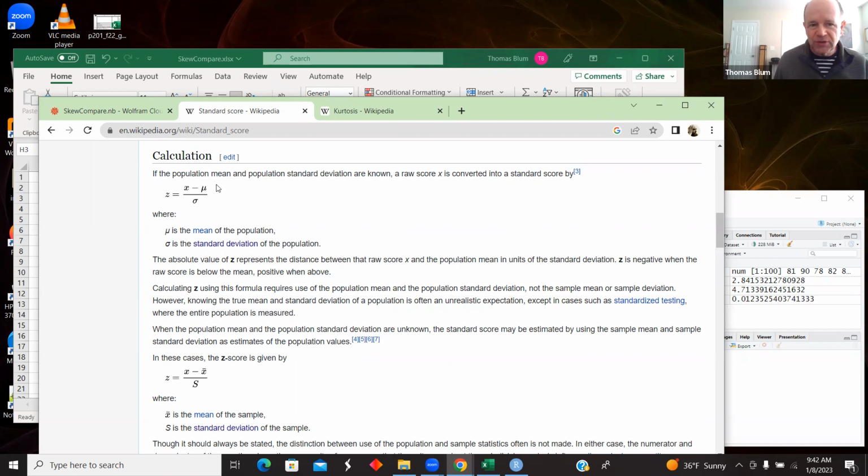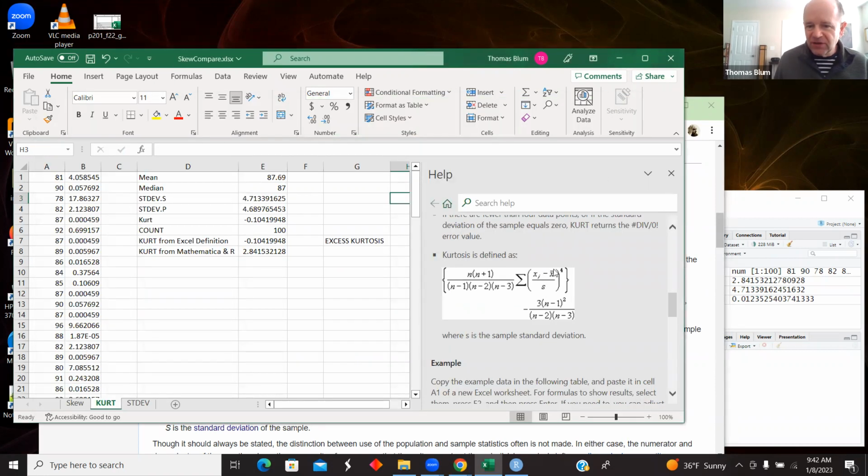It's a standard score or z-score, and that is an integral part of this definition. Okay, and then the second moment is about the spread itself, and the third moment was the skew, whether it was symmetric about the central point, and then the fourth moment is about how the data falls off.